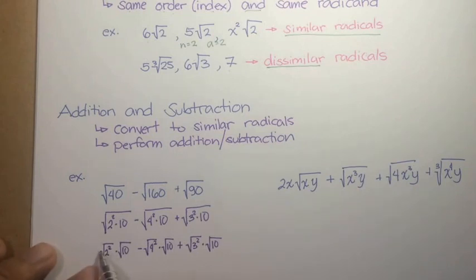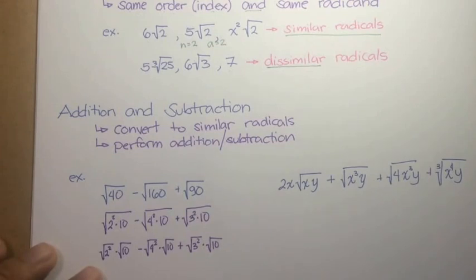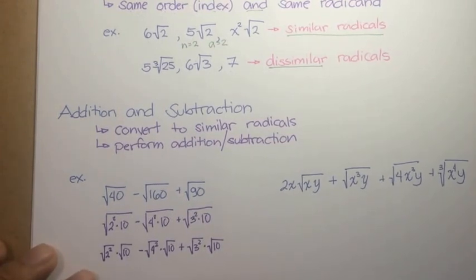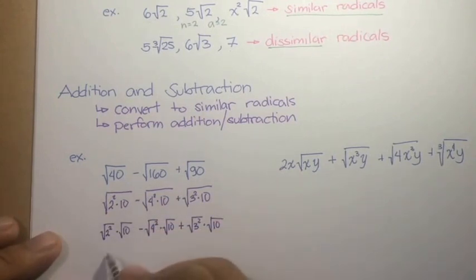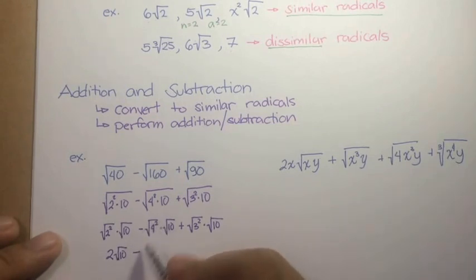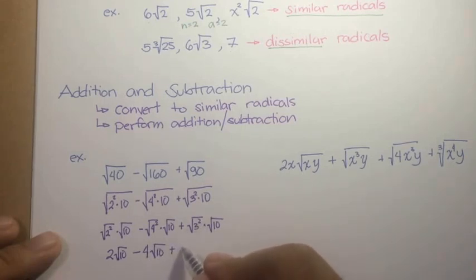Because this is an index 2 and an exponent 2, we can remove those. That is our first property, if you still remember. So this becomes 2 square root of 10 minus 4, since the square root of 4 squared is 4, times square root of 10 plus the square root of 3 squared is 3 times the square root of 10.